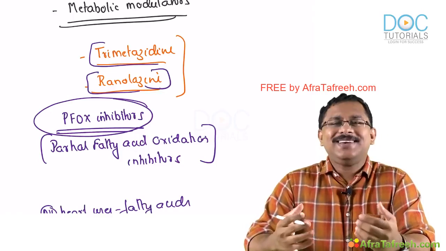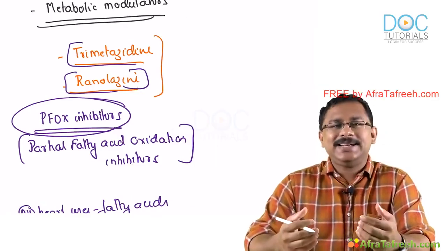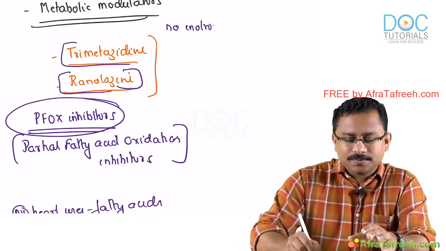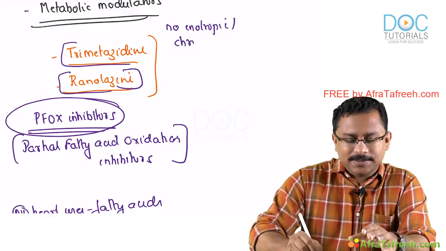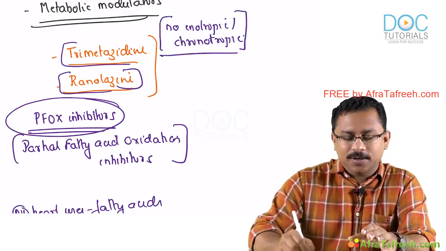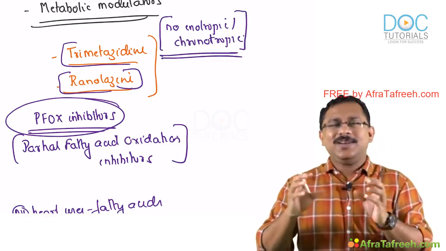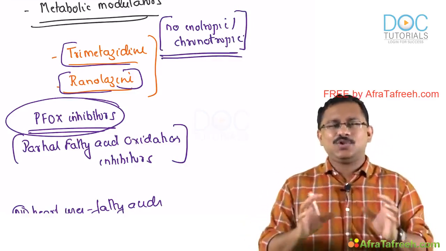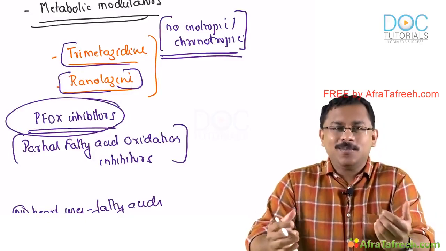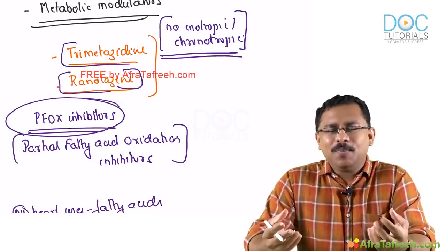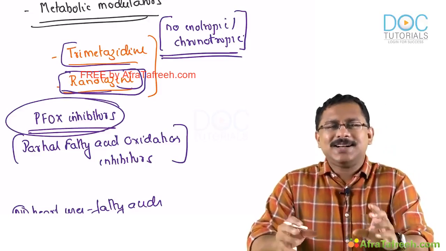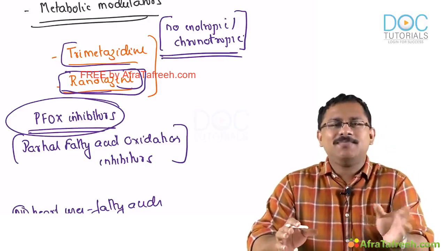Another important advantage of these agents, trimetazidine and ranolazine, is that they do not have any inotropic or chronotropic action, which is again important. It means they will not cause any reflex tachycardia, so no adverse cardiac outcomes. That is one advantage of these metabolic modulators. But another point I want to discuss is that ranolazine was previously considered to be purely a metabolic modulator.